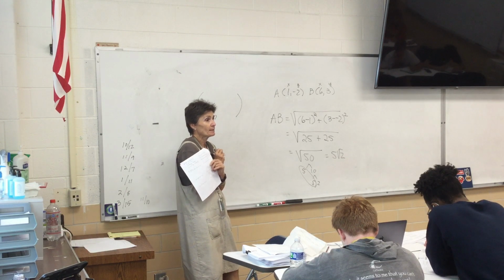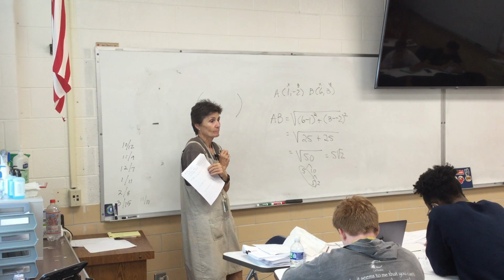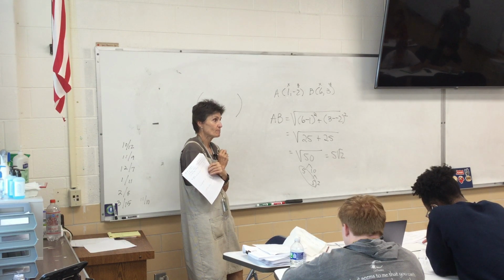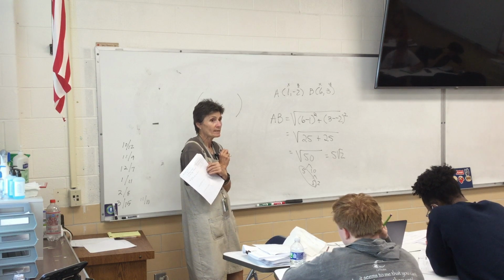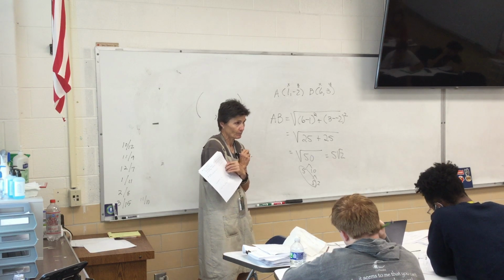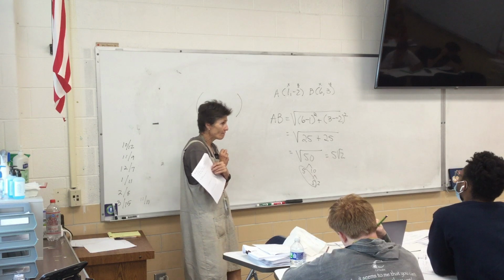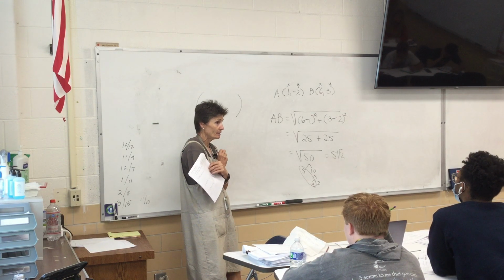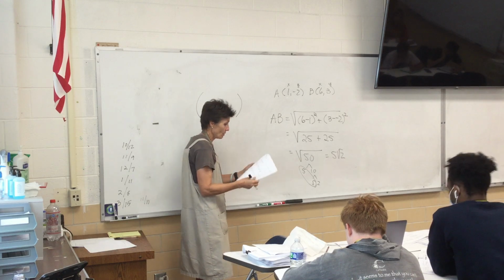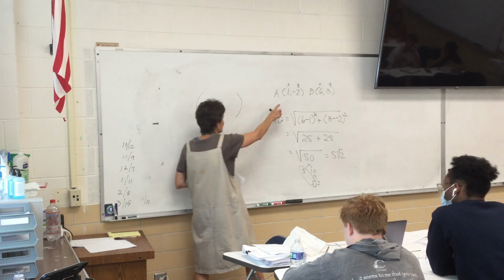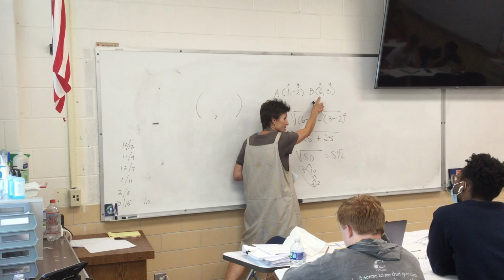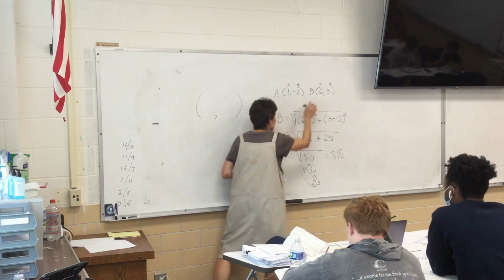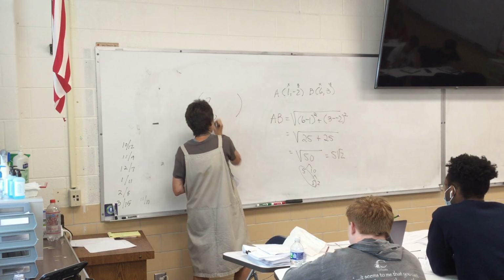How do we find midpoint? Never a subtraction. Midpoint is an average value. So when you average things, you add them and divide by 2. So 1 plus 6 is 7 divided by 2.